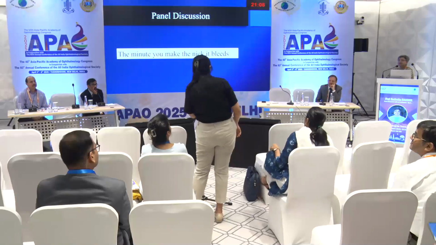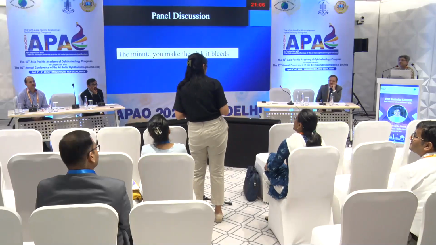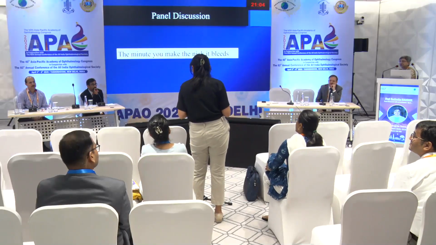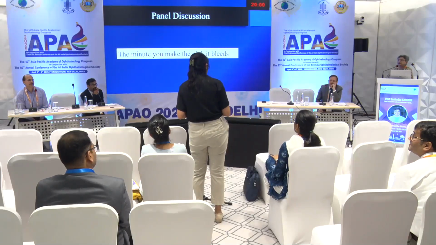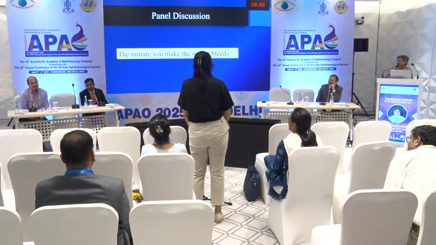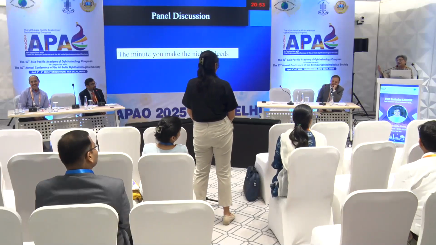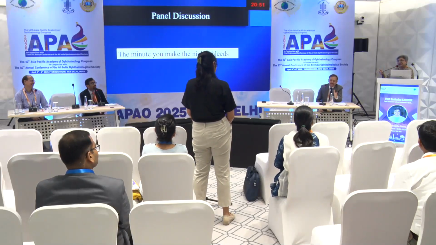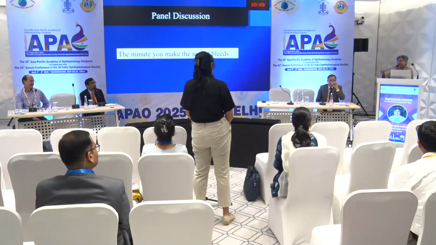Ma'am, what do we do when we have a lot of peripheral anterior synechiae and we are targeting the nasal angle? Especially in the nasal angle, if we are seeing a lot of peripheral anterior synechiae, what do we do? Don't do MIGS, but it's very easy to do a goniosynechialysis, and it's very gentle to pull it down.